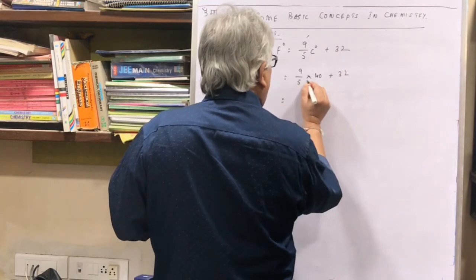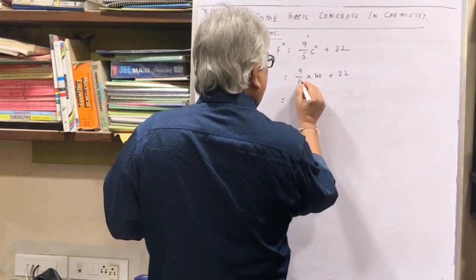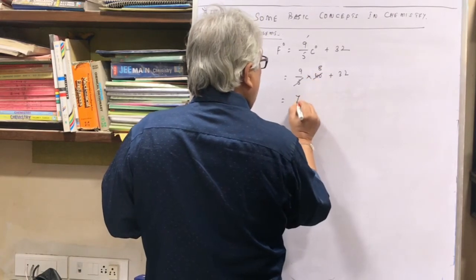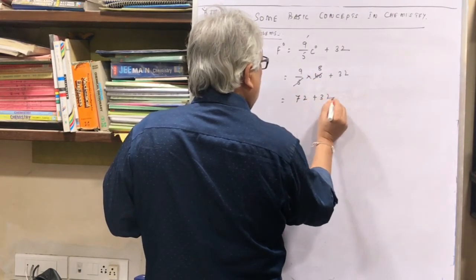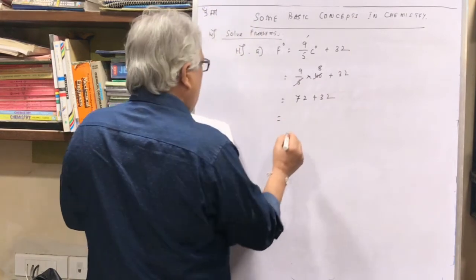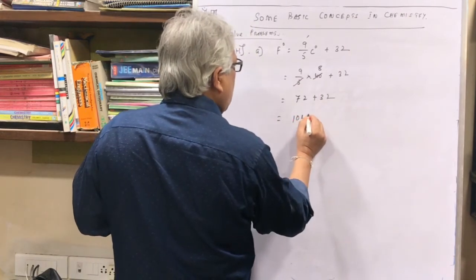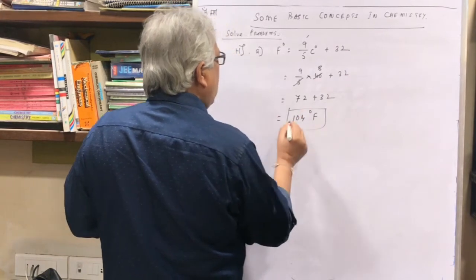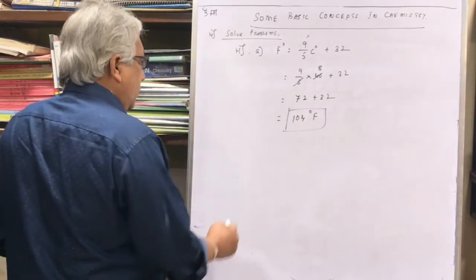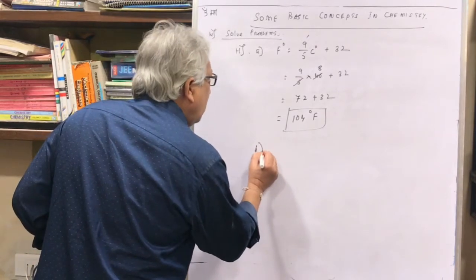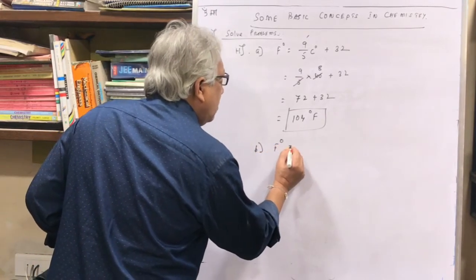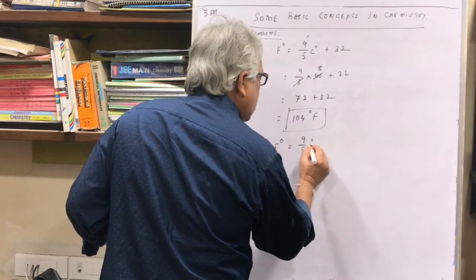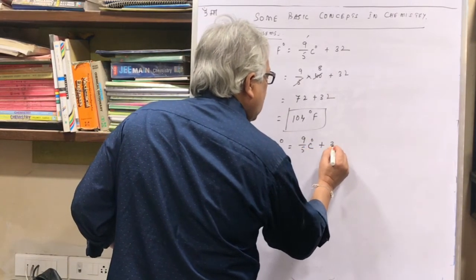So this will be 8. So it will be 72 plus 32. So this will become 104 degree Fahrenheit. Is it okay with you? This is point A. The point B, same manner I will do. Fahrenheit will be 9/5 degree Celsius plus 32.